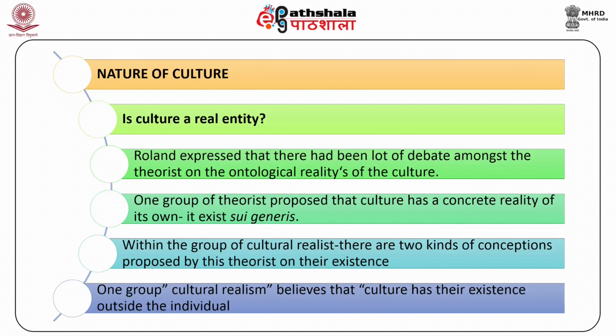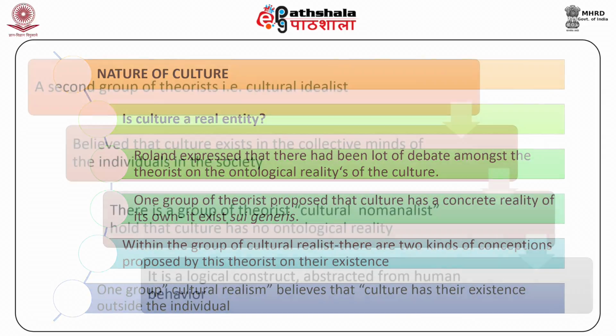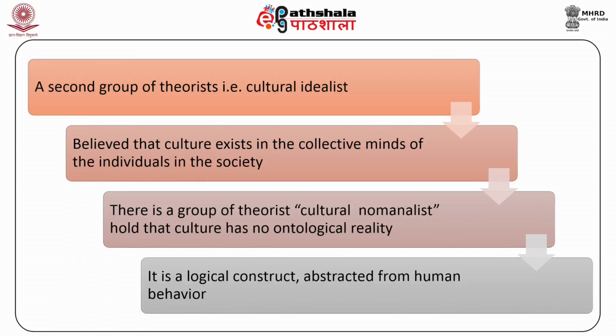It exists in a superorganic domain and has its own laws uninfluenced by people (White, 1947). A second group of theorists, that is, cultural idealists, believed that culture exists in the collective minds of the individuals in the society.